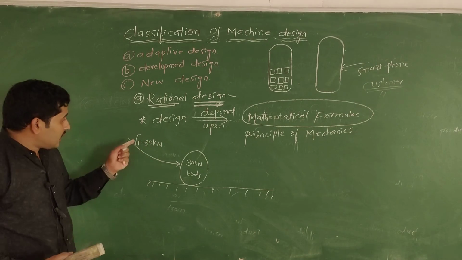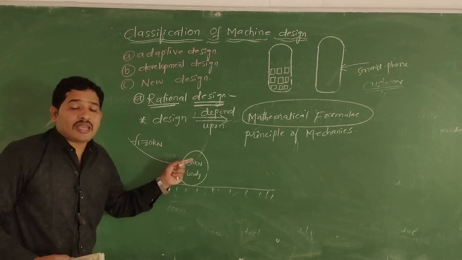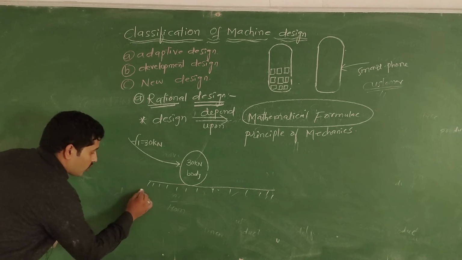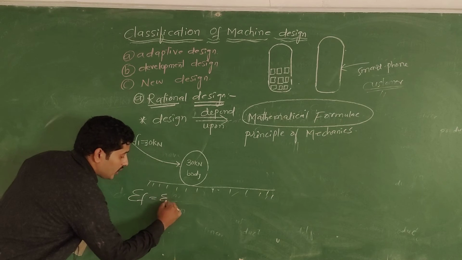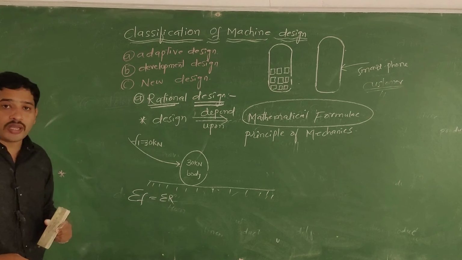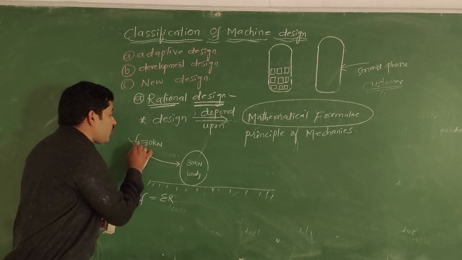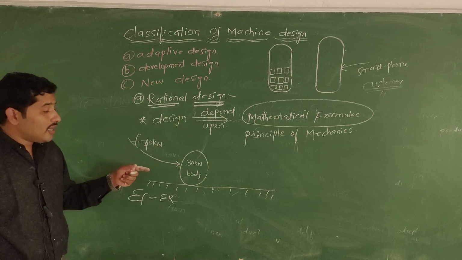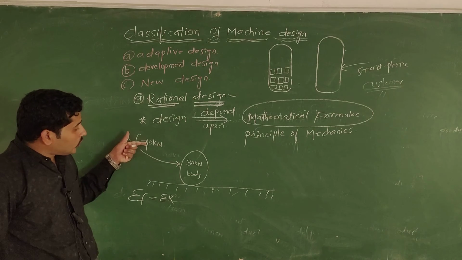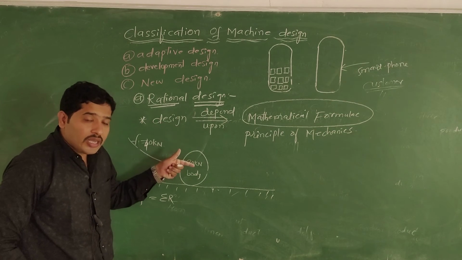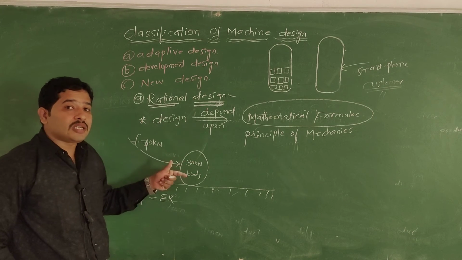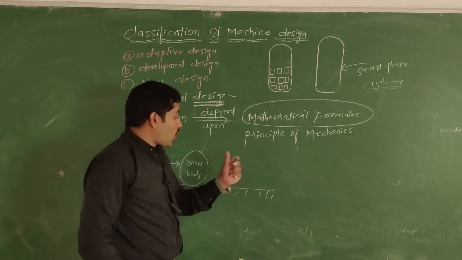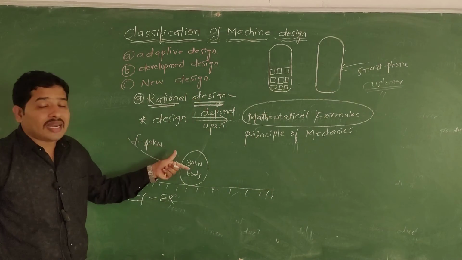So this means that the external force should be equal to the internal resistive force of a body. If the external force is increased, like 40 kilonewton, then if you apply a 40 kilonewton force on the body, it has the tendency to change its position from the initial state to the final state, because the external force is more than the internal resistive force.